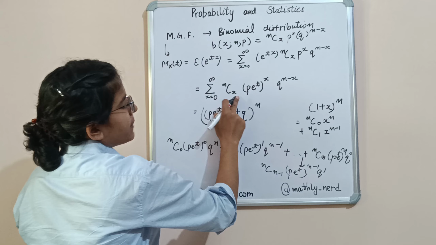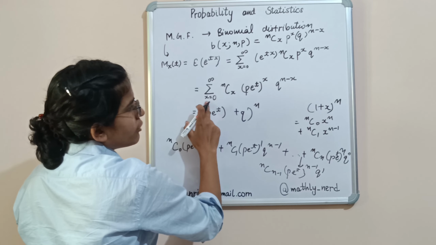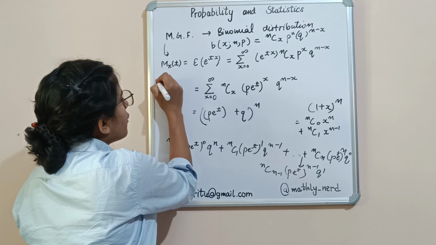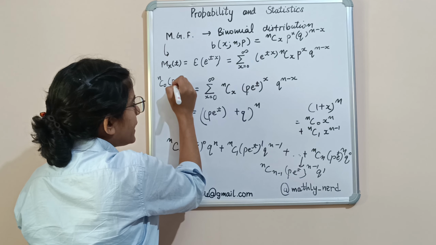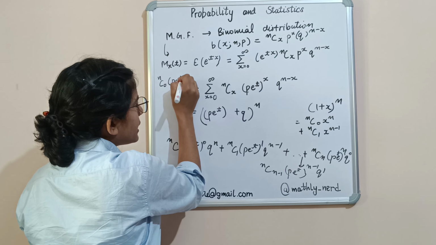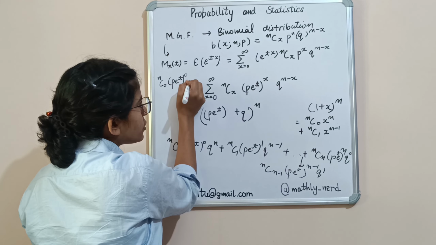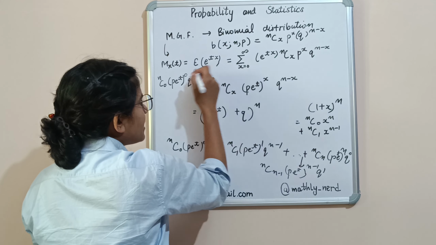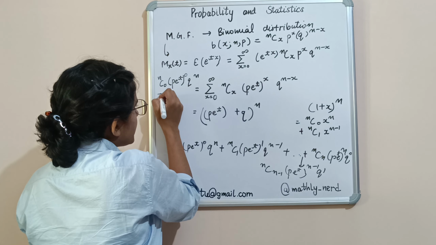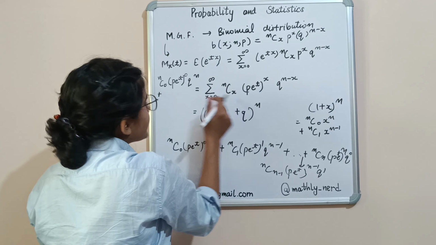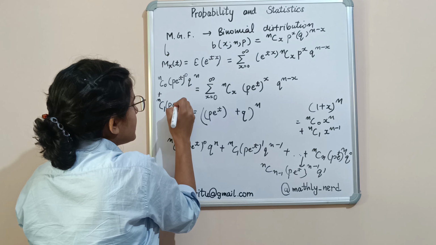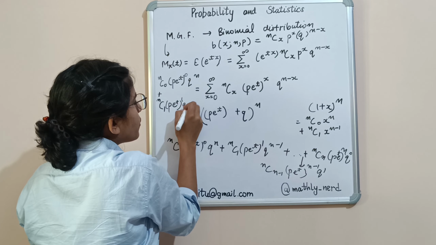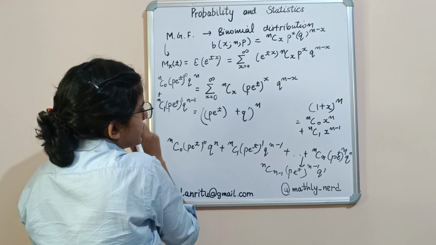And if we expand the summation, first we put the value of x equal to 0. The first term will be nC0 (p e^t) raised to power 0, q raised to power n minus 0, that is n, plus the second term, when we put x equals to 1, nC1 (p e^t) raised to power 1 q raised to power n minus 1.